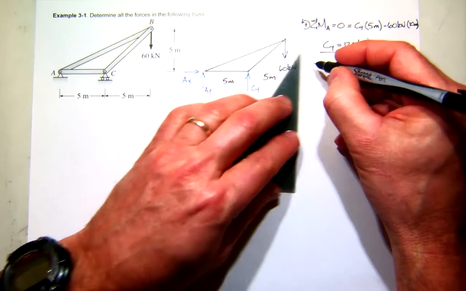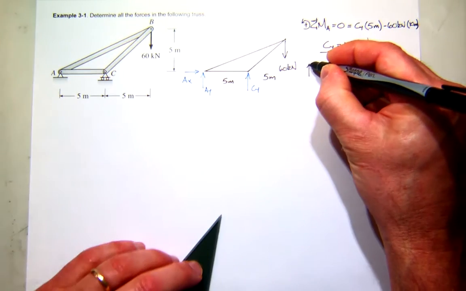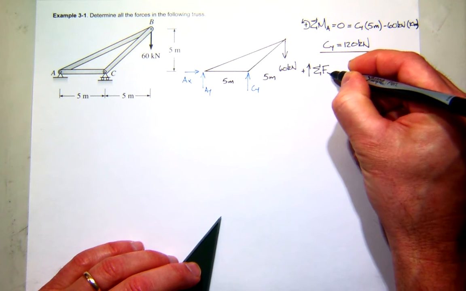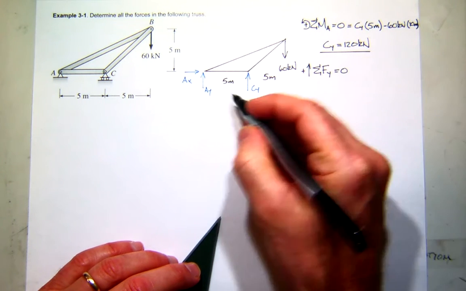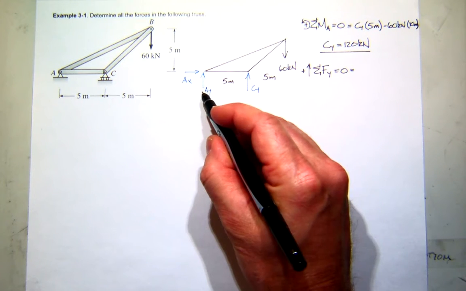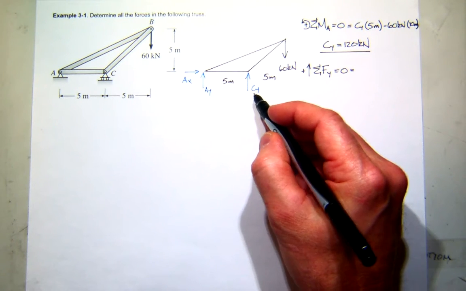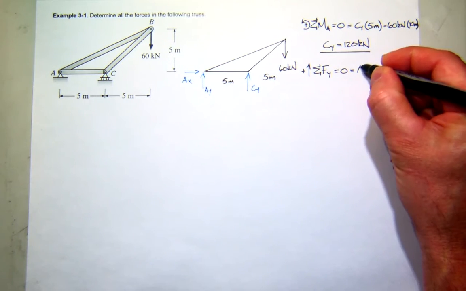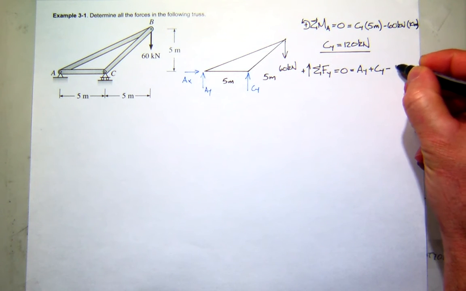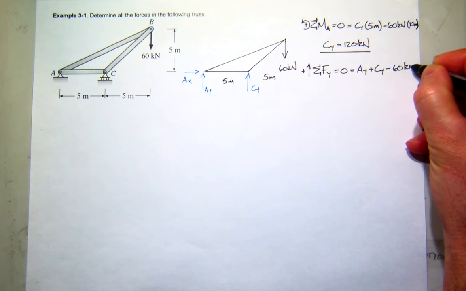Now I can sum forces in the Y direction. Since I have CY, I should be able to solve for AY. I'm going to assume up is positive, so I have AY up, CY up, and 60 down. So AY plus CY minus 60 kilonewtons.